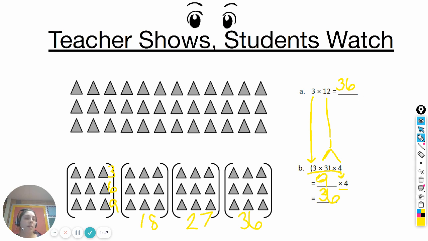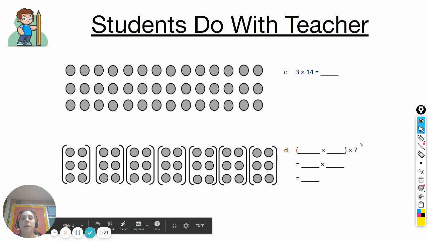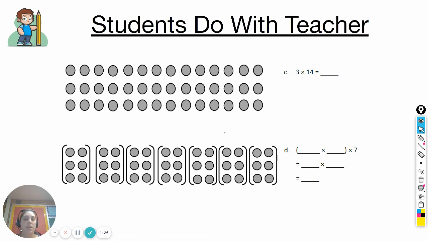Okay, let's go ahead now and let's do one together. So up here we have 3 rows of 14. Okay, 3 times 14. Now, I'm not going to solve that one yet because I know I'm going to use the associative property to help me solve it.